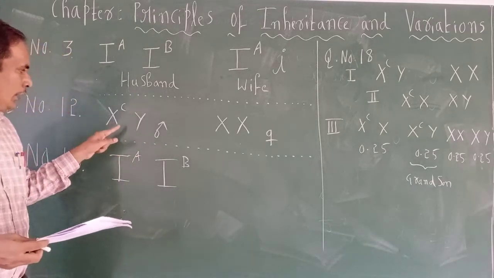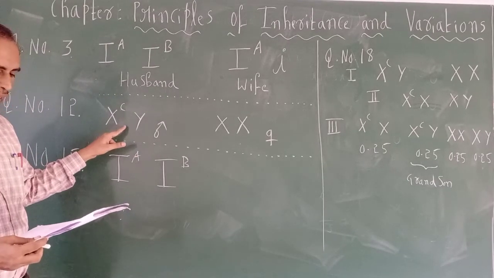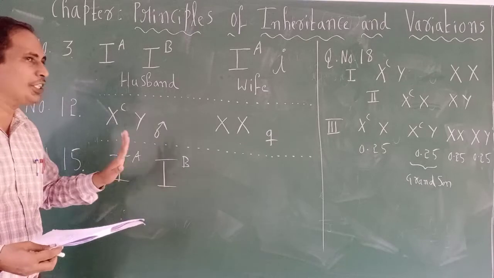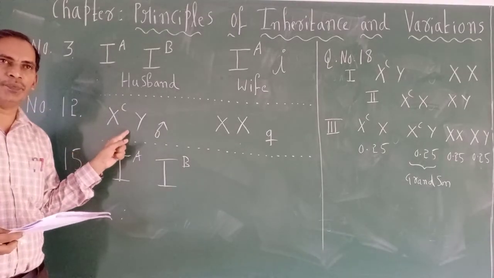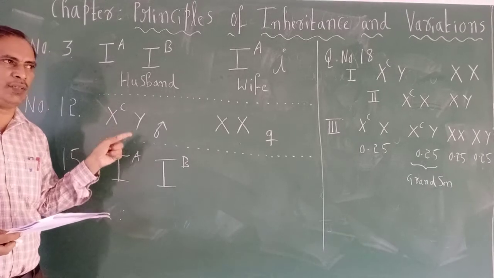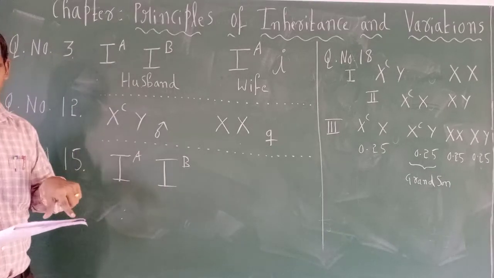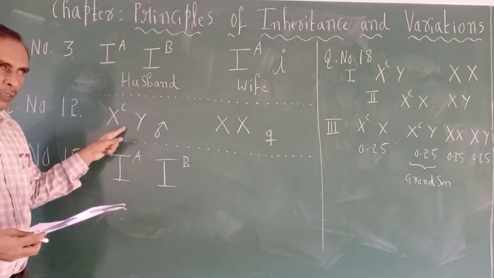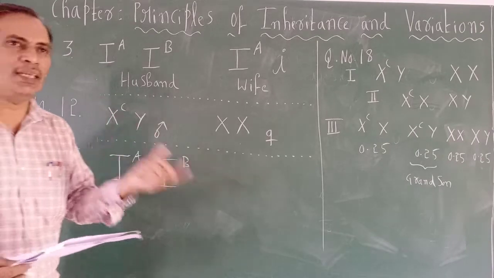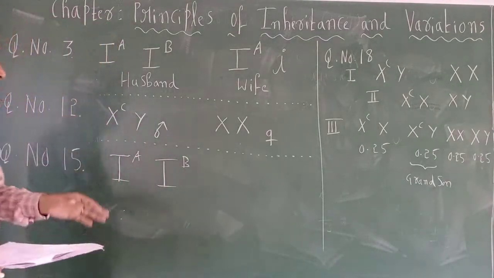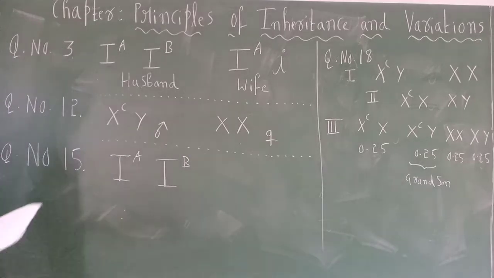So in this case, the probability of their son being colorblind is 0%, because the father cannot directly transfer the character called color blindness to his son. As a result, their son does not have any color blindness. So the correct option is A, 0. Let's move to the 13th question.